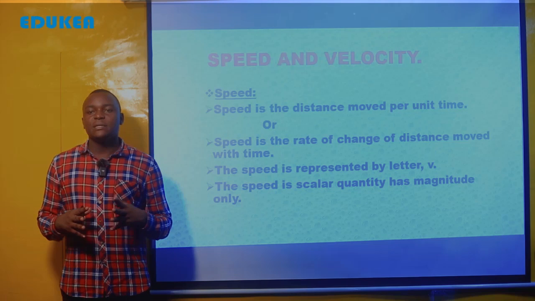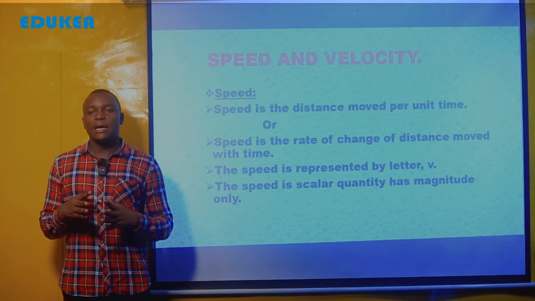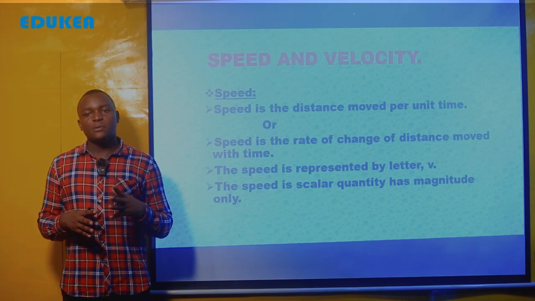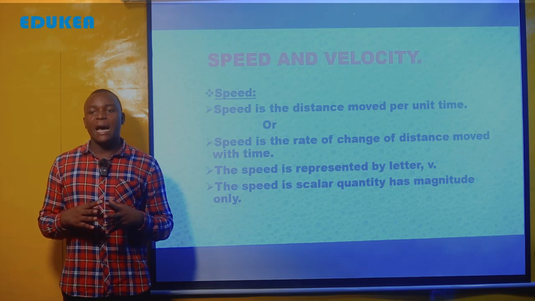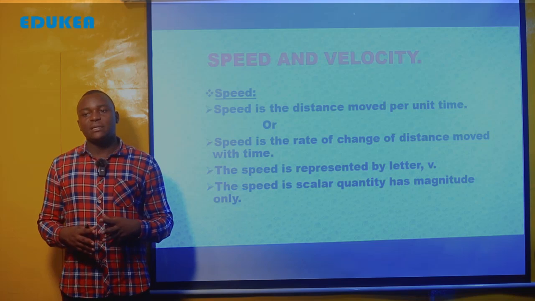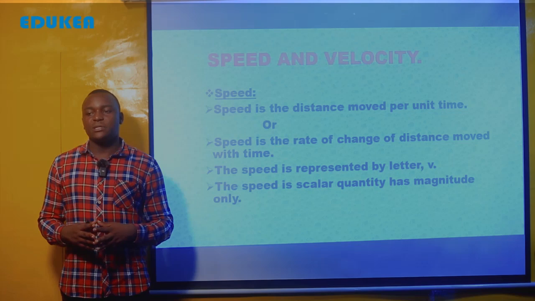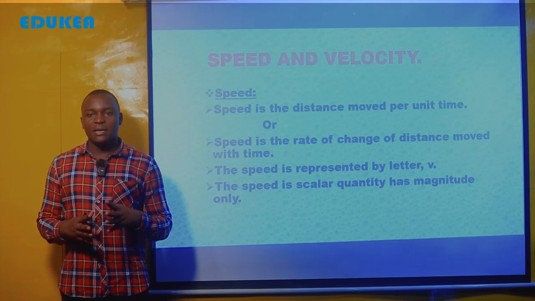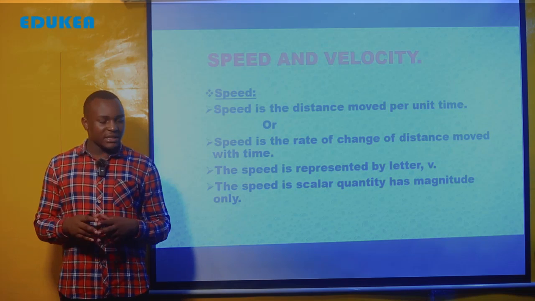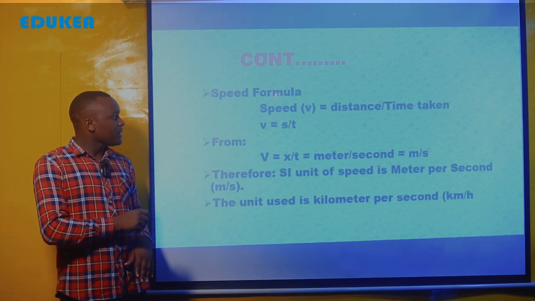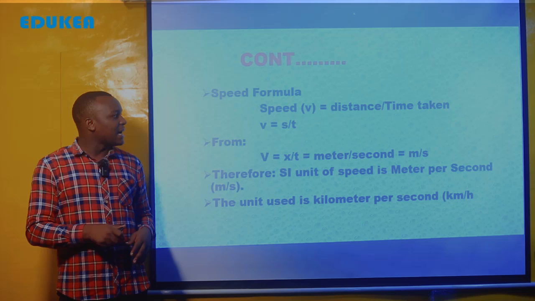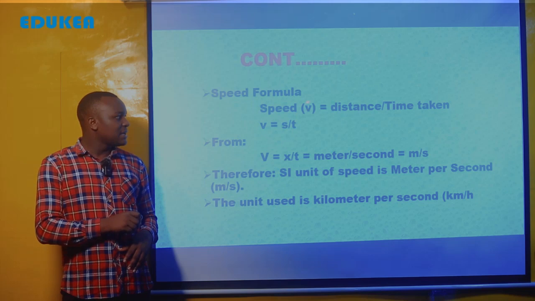Kwa sababu gani ni scalar quantity? Ni kwa sababu speed yenyewe haina direction but ina magnitude. Kwa kutokana na hiyo sababu speed inakuwa ni scalar quantity. So mathematically we can express speed v as equal to distance divided by time taken.